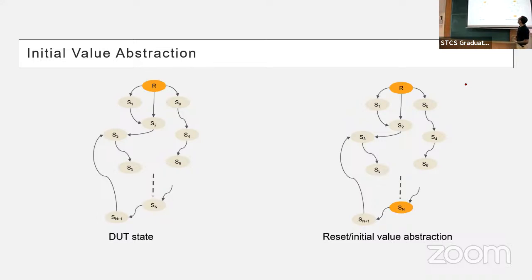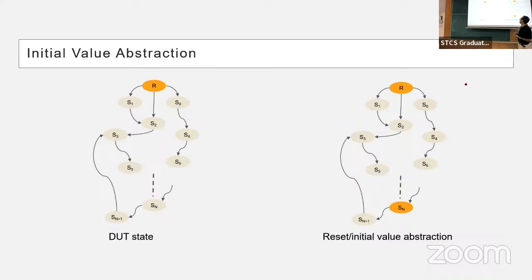Each arrow here is one clock cycle, not necessarily, but for our discussion.